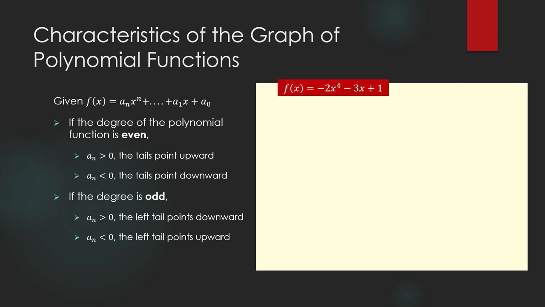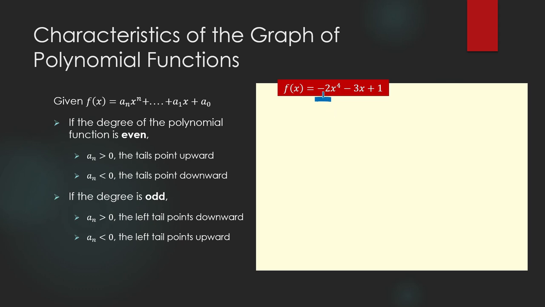How about this? f(x) = -2x^4 - 3x + 1. The degree of this polynomial function is even. Both tails point to the same direction. But this one is negative. The coefficient of the leading term is negative.